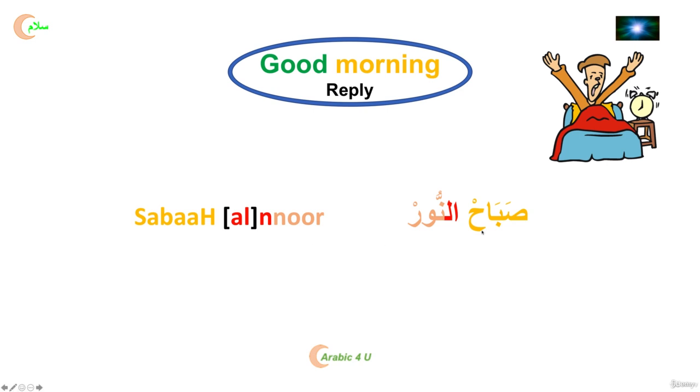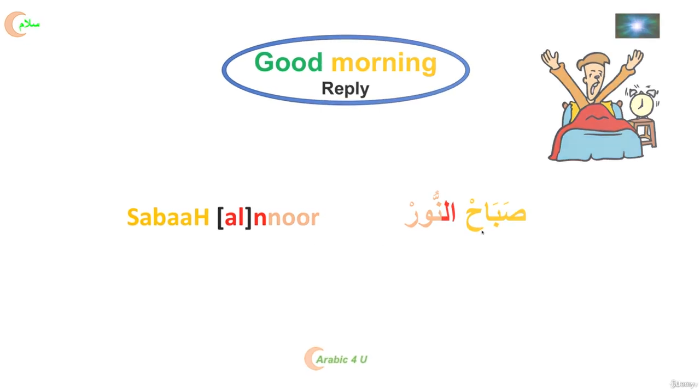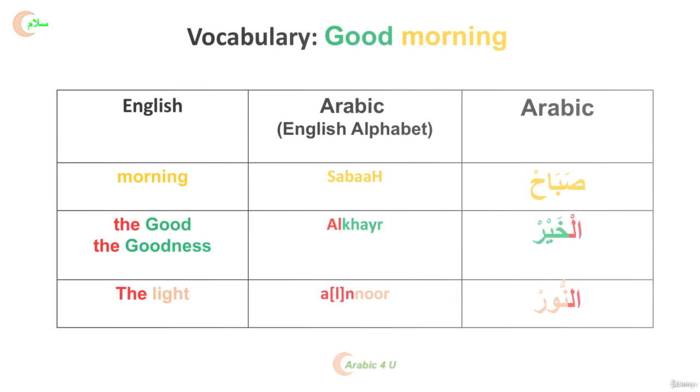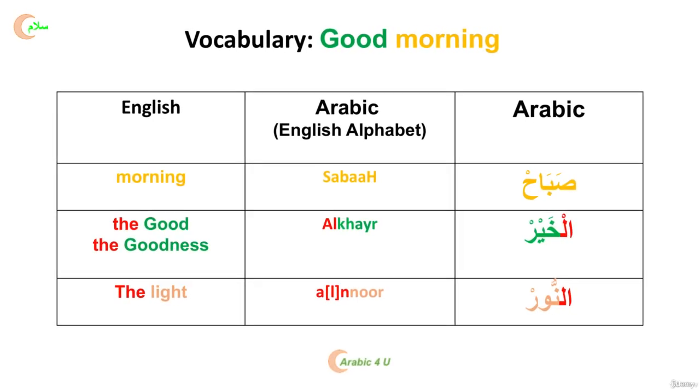So now we have the reply Sabah al-Nur, and here I made a table where you have all the vocab. That way you can use these words in other sentences. Now it's time for you to do some work. Ready?